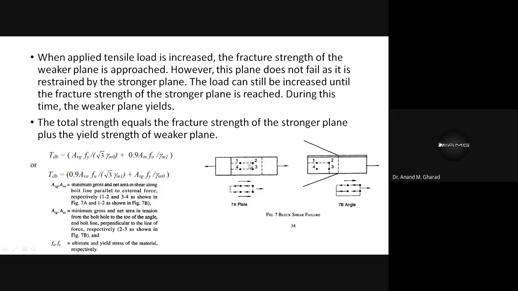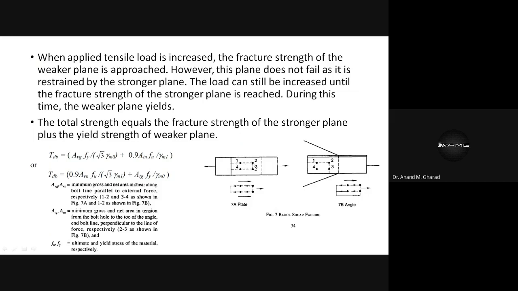Are you getting me? Did you get the sequence of failure? How the failure may take place? Okay, so see, first yielding will start for the weaker plane and it will reach its ultimate capacity, but the failure will not take place for the weaker plane.